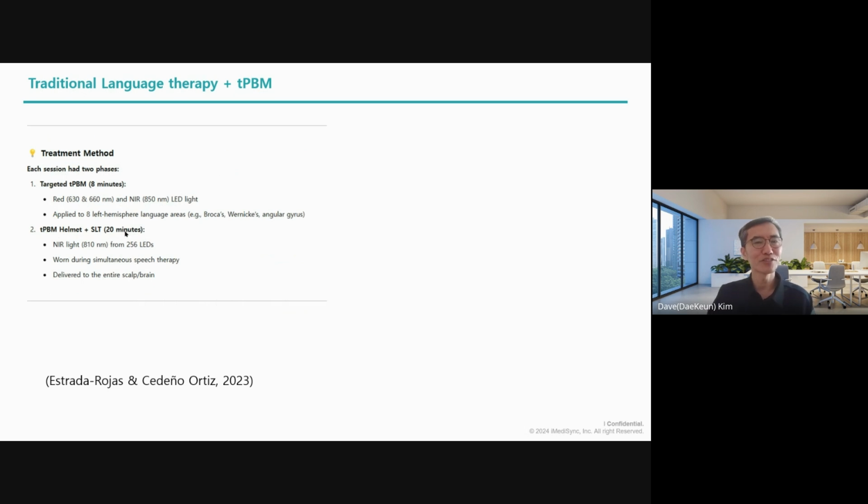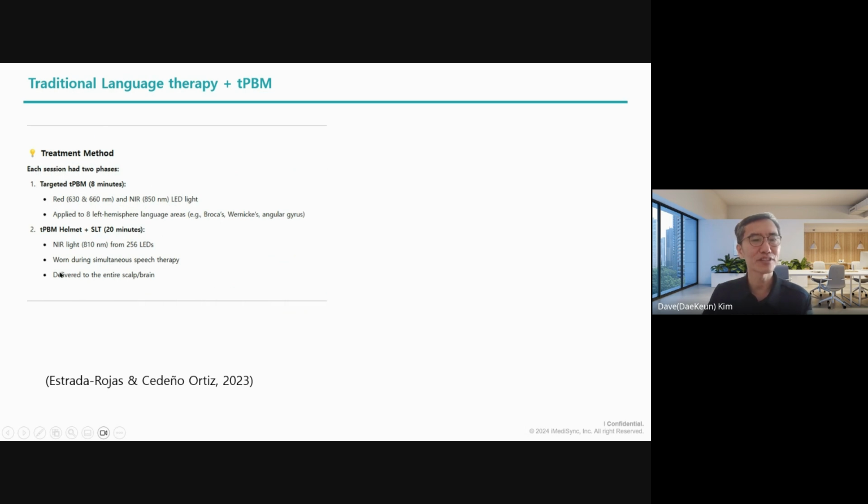So using neuromodulation, we can make a preparatory oscillation status for the real training, and then combine the real training, such as speech training and neurofeedback training, and sometimes cognitive behavior therapy during the neuromodulation. That makes a big efficacy in the literature.